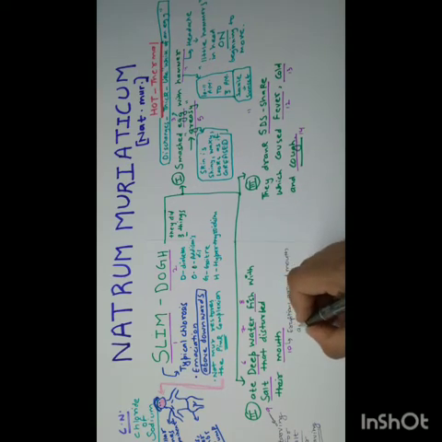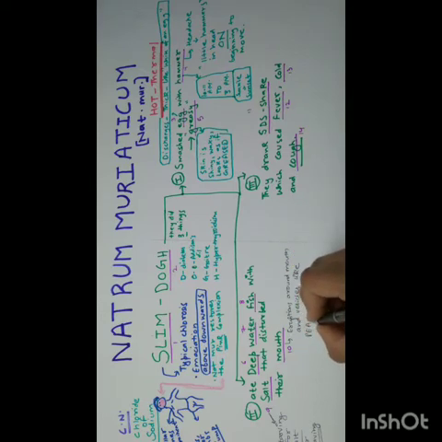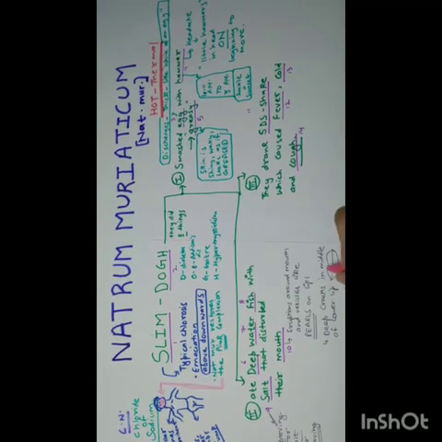So there are eruptions around the mouth and vesicles like pearls on lips. The vesicles on lips look like pearls, and there are deep cracks in the middle of the lower lip.